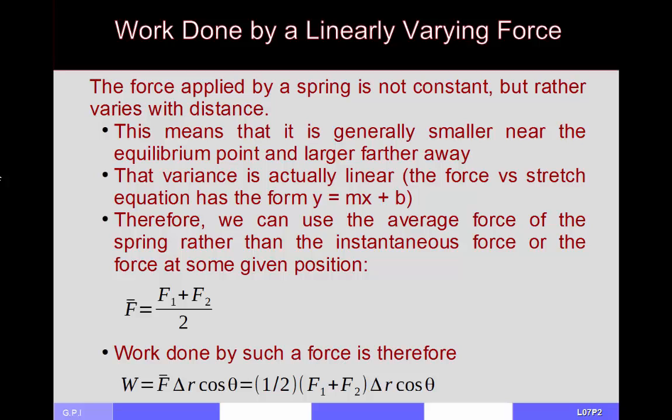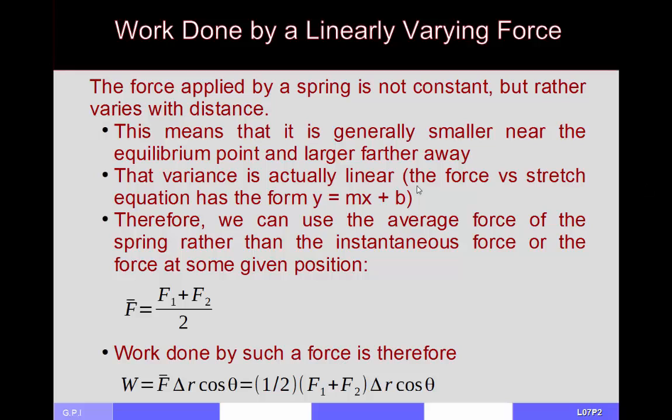Just like with gravity, when you get far away from the surface of the planet, the force changes with distance; in this case it becomes linear with distance, as opposed to 1 over r in the case of gravity. But for both cases, that means that you don't have a constant force. In the case of the spring, it means that the force being applied is very small near the equilibrium point and gets larger as you get farther away.